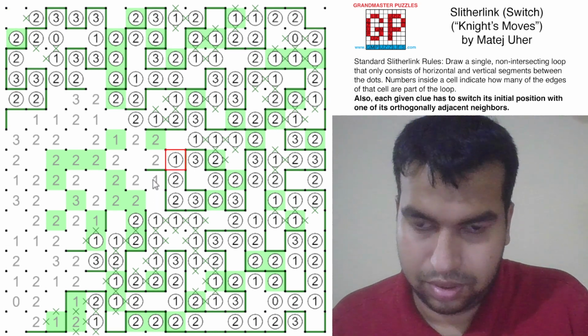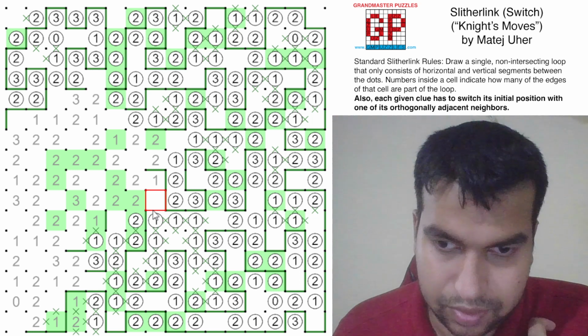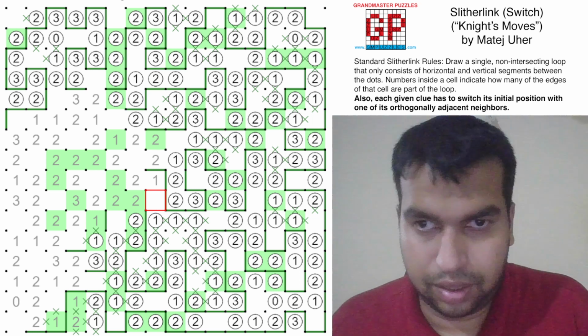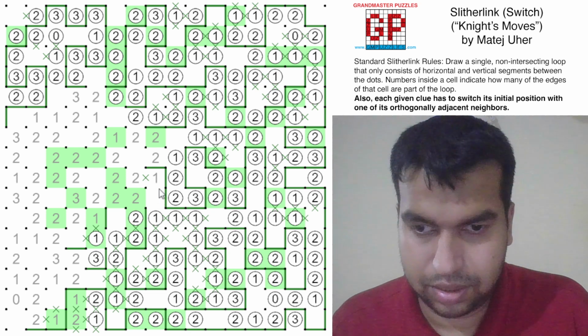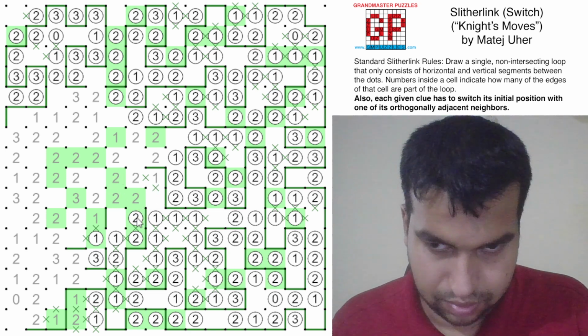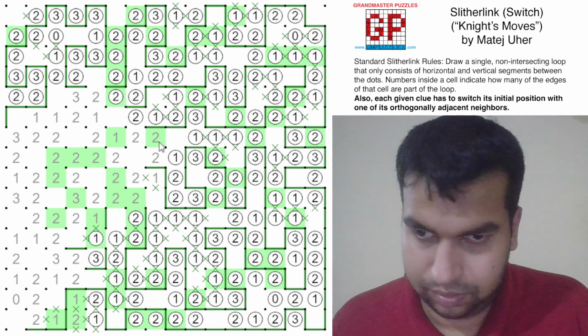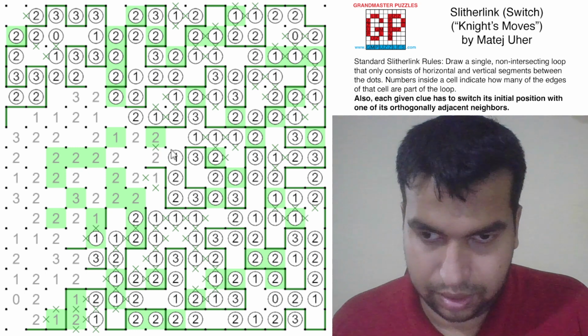Now this is a 2, but we don't know which 2 it pairs with. But we do get some crosses. And this is also a cross. So all of these are crosses.